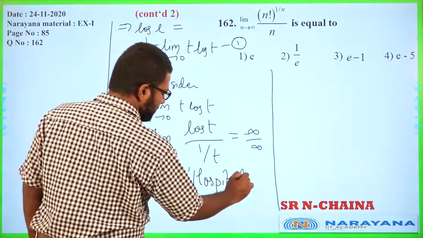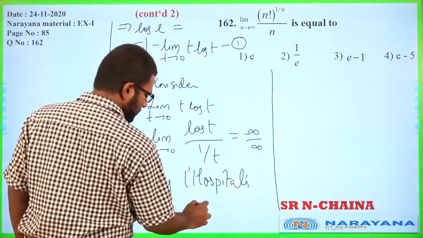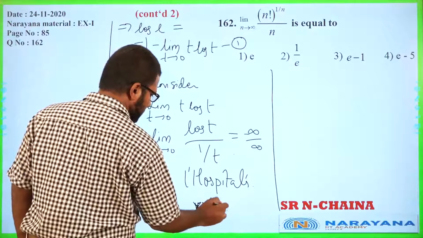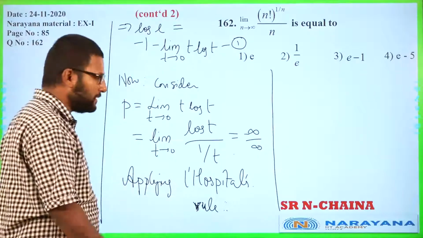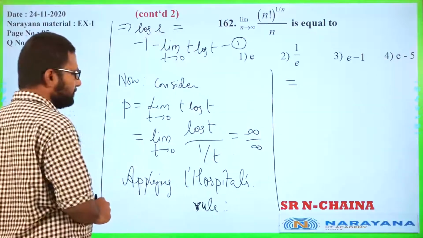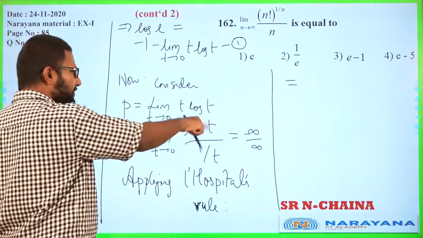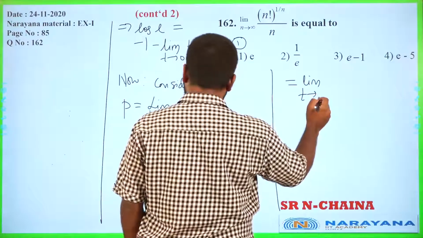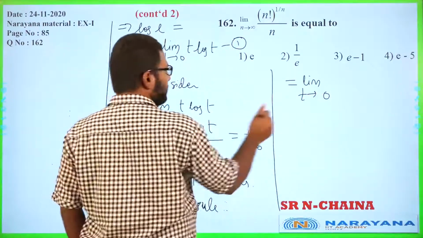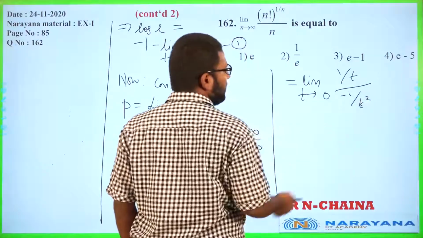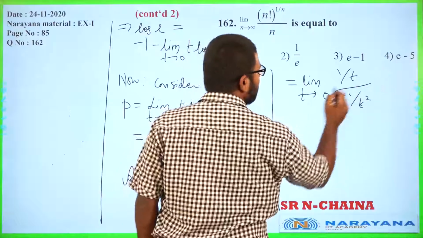Some people also read it as L'Hospital, which is fine. He was a French person, so it is L'Hopital. Okay. So anyway, differentiate, right? So this is equal to limit t tends to 0. When you differentiate, we get 1 by t upon minus 1 by t square, and that minus 1 by t square will go up.